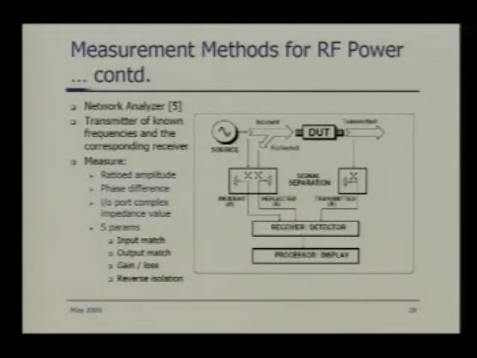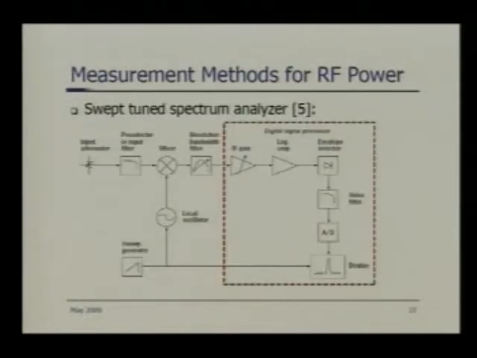So basically the basic principle is that in the case of a network analyzer, you apply a stimulus. So your input frequency is known. In the case of a spectrum analyzer, you are sort of searching for the RF output waveform. So the RF output waveform that this instrument sees is not synchronized with the waveform that is coming in.